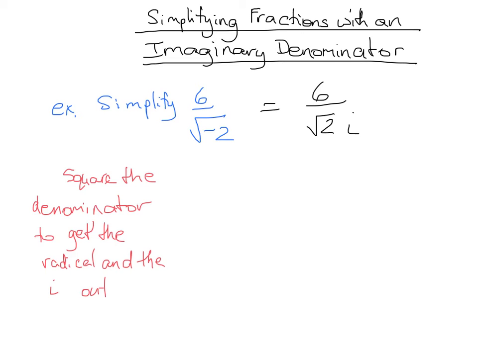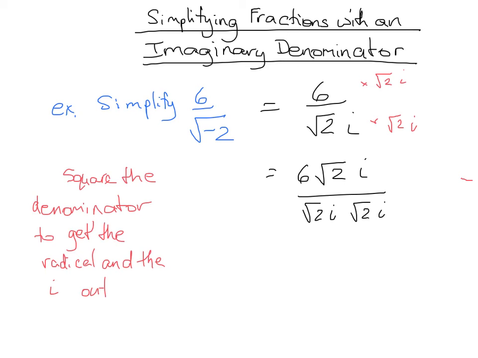Alright, so we're going to multiply both the bottom and the top by root 2 times i. So we're squaring the bottom, but whatever we do to the bottom, since we're multiplying it by root 2 times i, we have to do the same to the top. So we get that this is equal to 6 times root 2i over root 2i times root 2i.